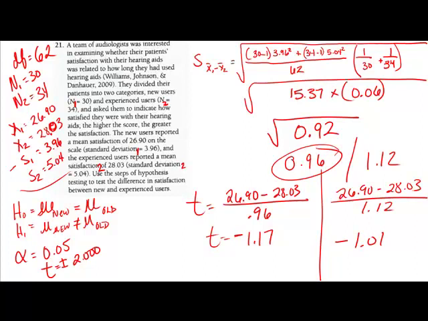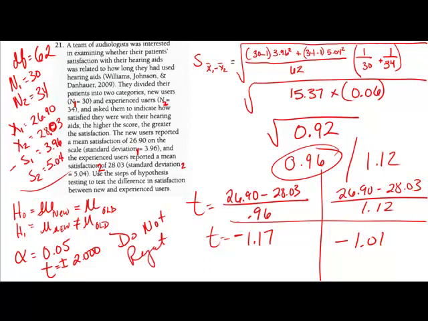Okay, fortunately for us, even with my rounding error, we get a t-value of 1. The answer is supposed to be negative 1.01. That is less than our critical value, so we would not reject the null hypothesis. Do not reject.